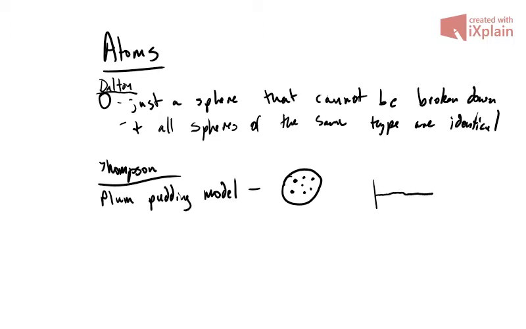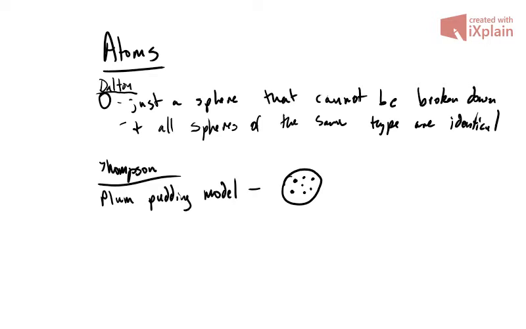So this ray is a negative charge, and then he put magnets on one or both sides and saw that it deflected one direction. And so he was able to find the existence of electrons and knew that they had to be put into the atom. And so he came up with the plum pudding model.